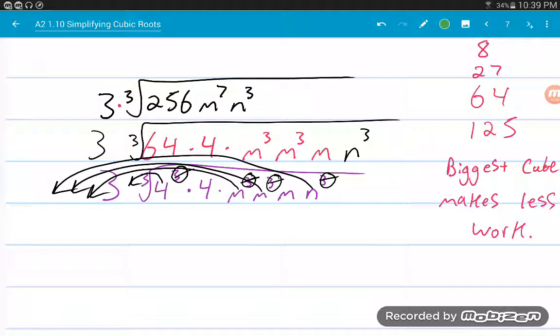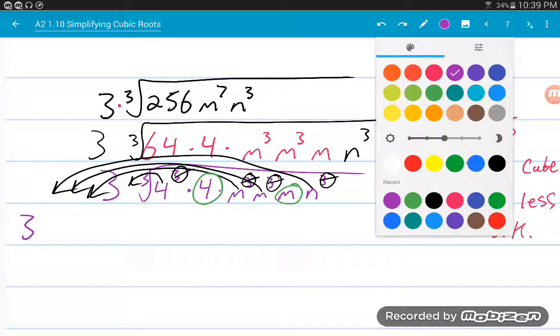So let's look. A lot of stuff came out. So let's see what's still stuck underneath. Well, the 4 is stuck underneath, and so is the m. Everybody else got to come out. So let's take tally of who's still in front, okay? In front of the radical on the left, we still have a 3. And now we brought out this 4. Let me change colors so you can see it a little better.